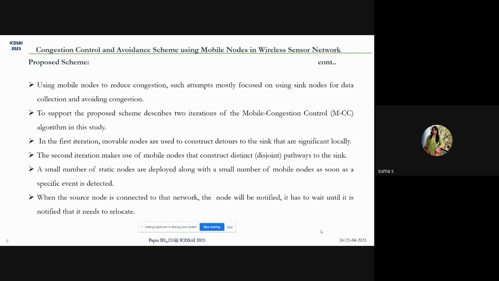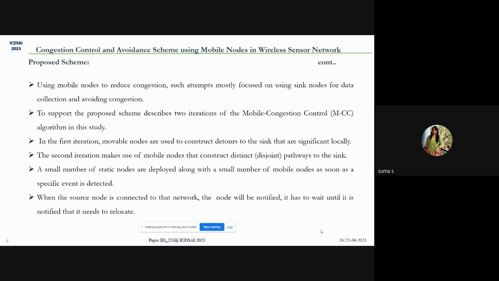And this scheme, that is the mobile congestion control algorithm, has two iterations. The first iteration: movable nodes are used to construct detours to the sink that are significantly local. The second iteration makes use of the mobile nodes to construct a distinct, that is disjoint, path, an alternate path towards the sink.